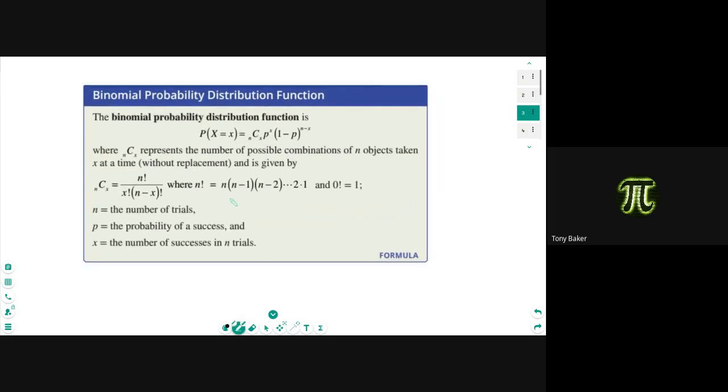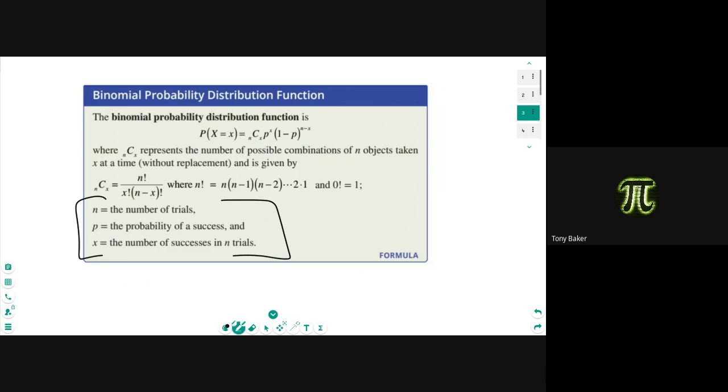Those are the 3 things you're going to need to know for any problem. You're going to need to know the number of trials, the probability of success, and the number of successes of n trials. So however many successes you want to have in that situation. So big complicated formula. Don't worry about that.